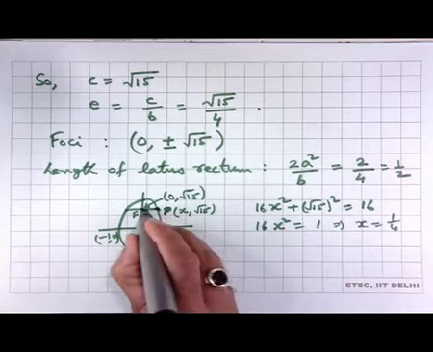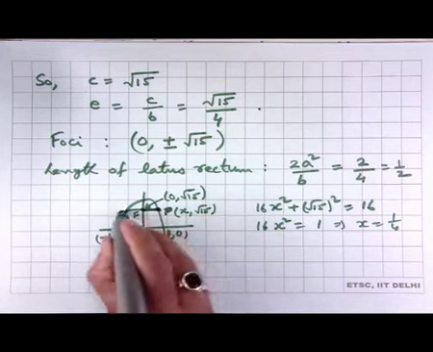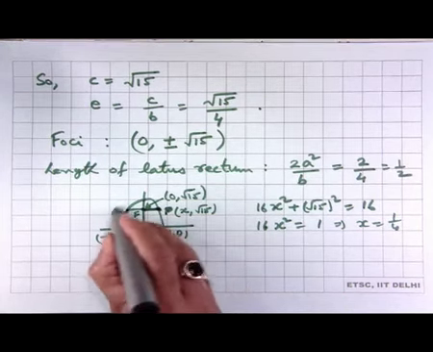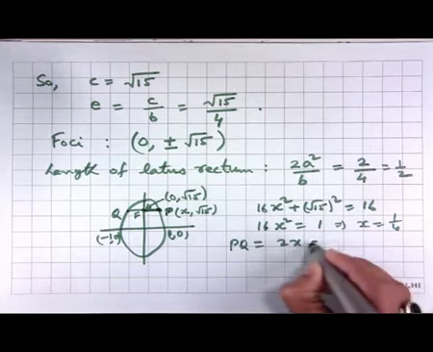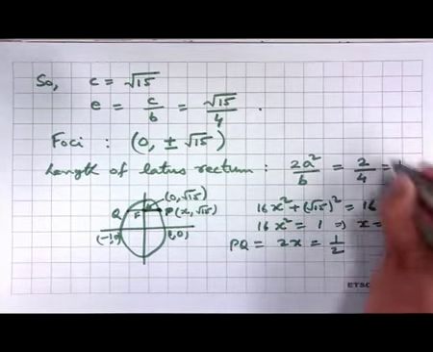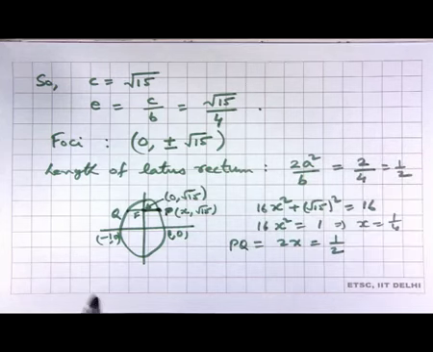So, this x is 1 by 4, and the length of the latus rectum, this PQ, is 2x, which is 1 by 2, which we can get directly using this formula also.